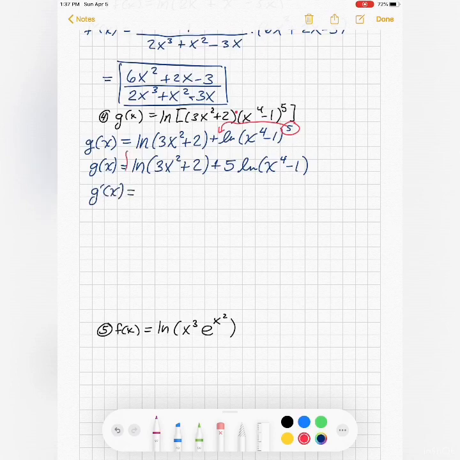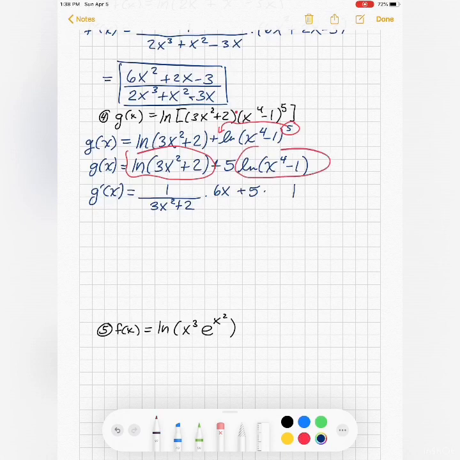Okay, so then I'm using the chain rule, but this is a lot simpler than what we were looking at above. Outer function, derivative of ln is 1 over the argument, but then times the derivative of the inside, 6x. Again, here it's going to be chain rule.